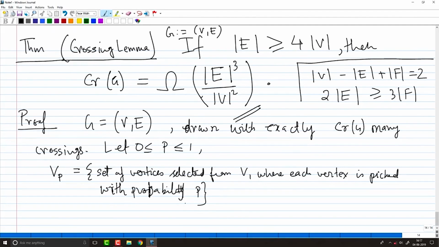Is V_p a fixed set? What is the probability that I did not select any vertex? For a particular vertex, not selecting is 1 minus p. I am asking, what is the probability that V_p is empty? V_p can be empty, so it is not a fixed set. It is a random experiment, right? It is a distribution over subsets of vertices.